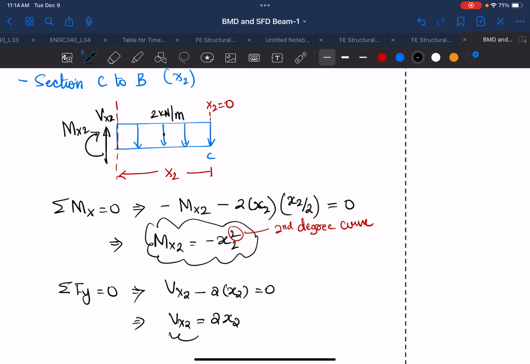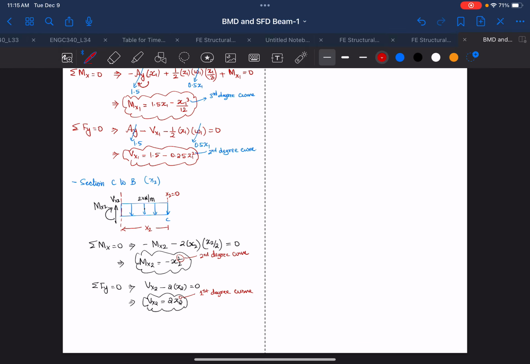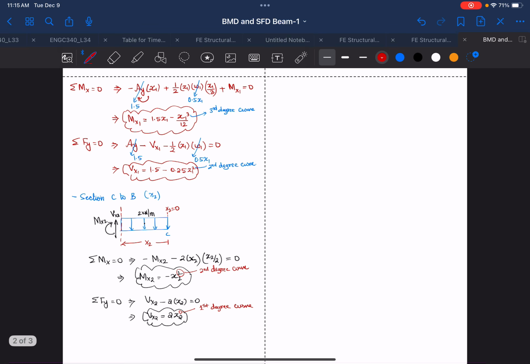Okay, so that is your equation for shear force, and you'll see that this is a first degree curve. Okay, so generally we don't write the power 1 anymore. We already know that if it does not have anything, then it should be a first degree curve. Okay, so now we got all the equations for your A to B and C to B.